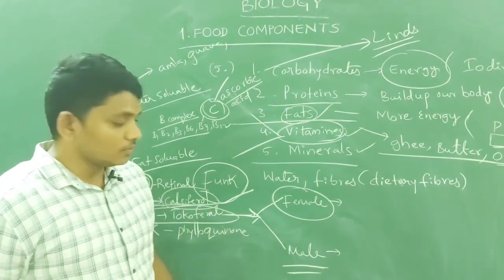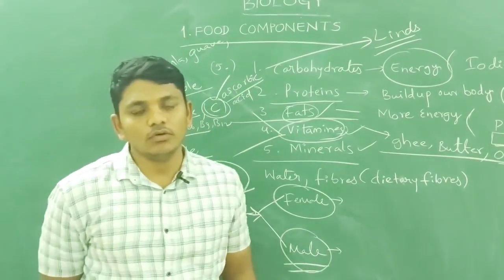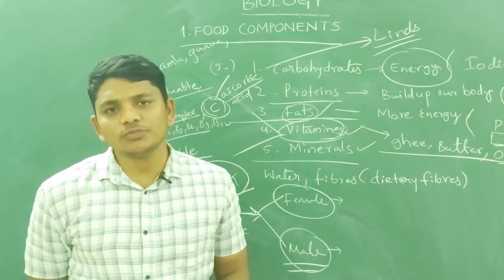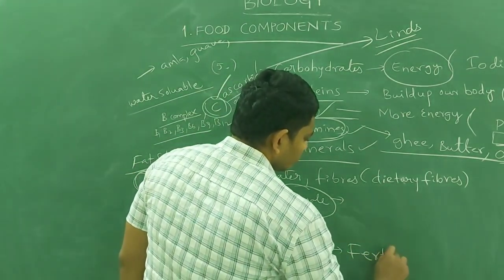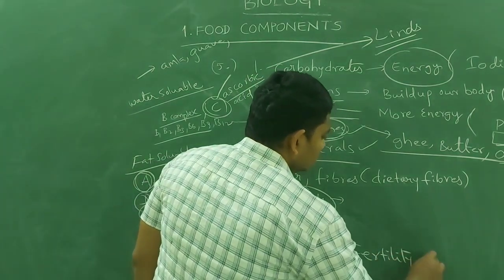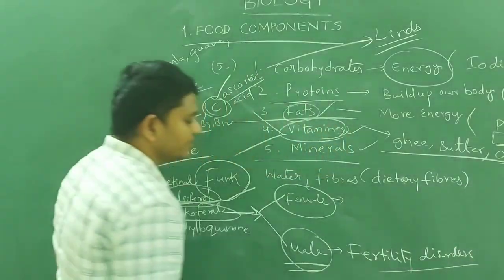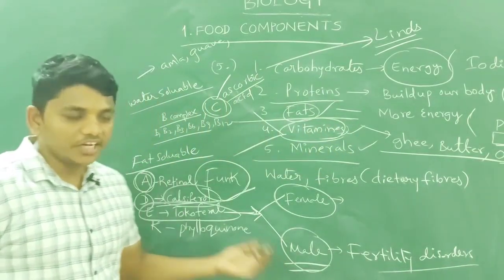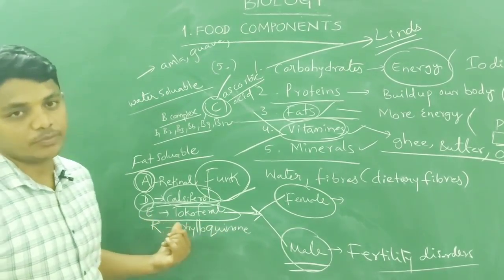In males, they will lose male characters and develop some female characters. So fertility disorders may occur in males in the deficiency of tocopherol. Tocopherol is nothing but E vitamin.